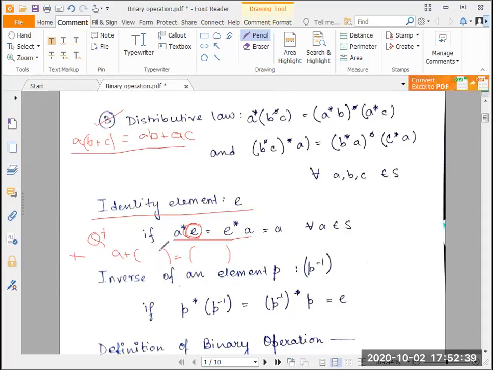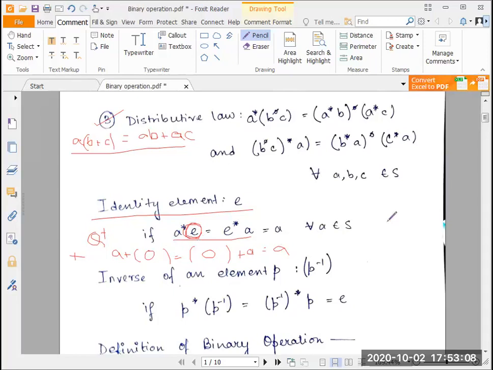So A plus a particular unique element equals that same particular unique element plus A, and the most important part is this operation should result in A. Can we put 0 in the bracket inside? Yes, we can. So A plus 0 equals 0 plus A equals A. So essentially this 0 is the identity element for additive operation on the set of positive integers.